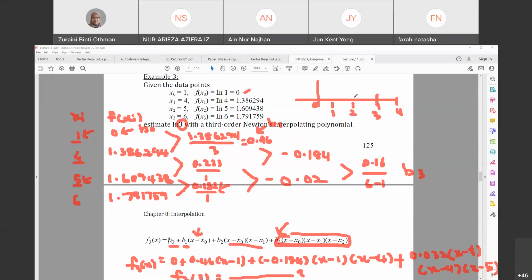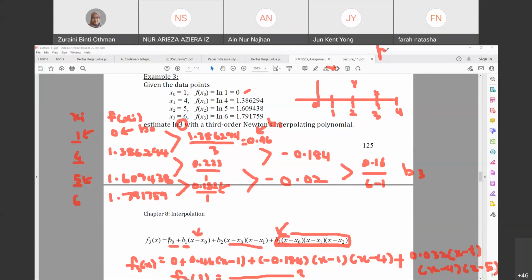Bila kita plot-plotkan tu, kita nampak dia lebih kepada graph cubic, yang nampak lagi approximate.